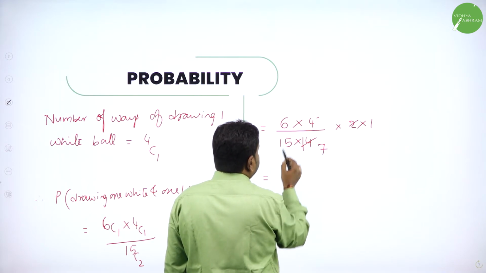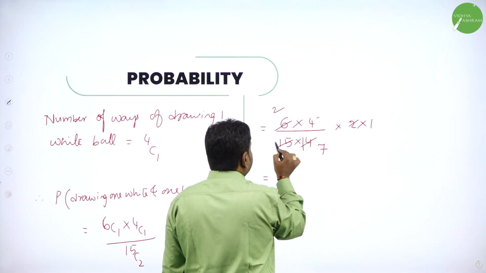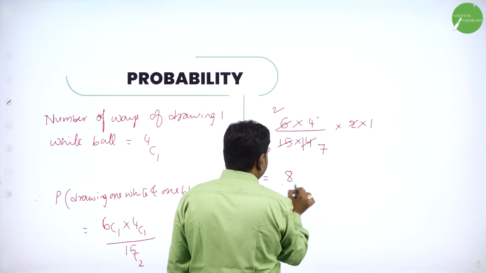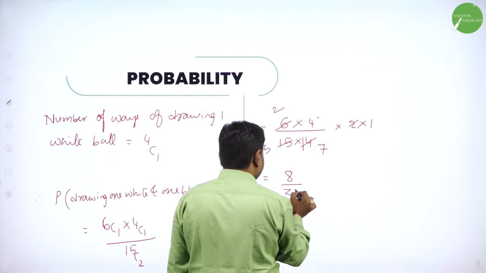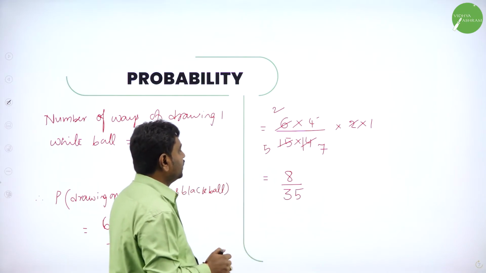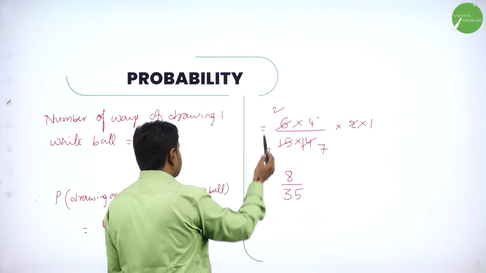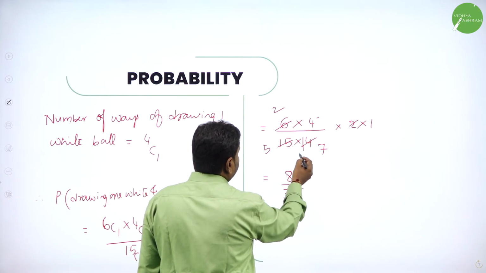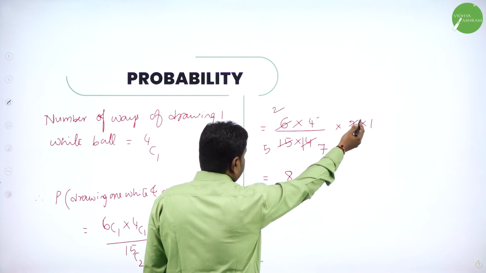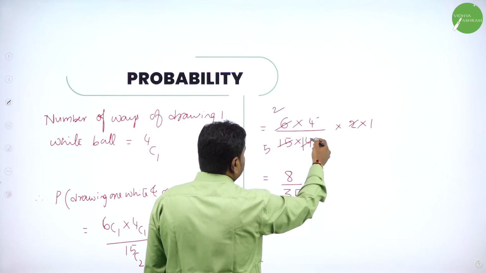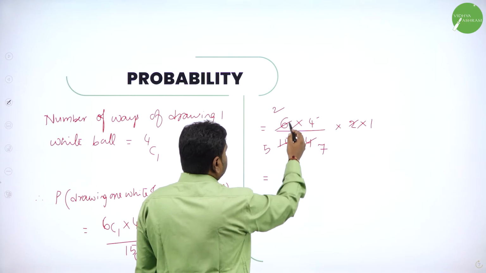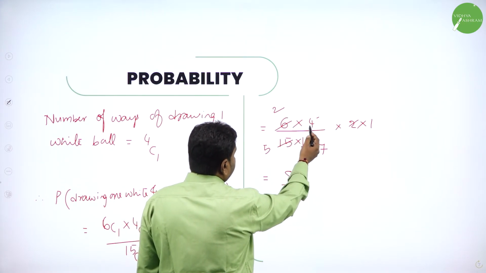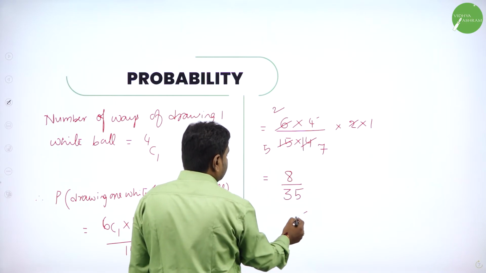Then 3 2s are 6, 3 5s are 15, 2 4s are 8, divided by 35. 8 by 35. So 6C1 is 6, 4C1 is 4, 15C2 is 15 into 14 divided by 2 into 1. 2 1s are 2, 2 7s are 14. So now 3 2s are 6, 3 5s are 15. So 2 4s are 8 and 7 5s are 35, 8 by 35.